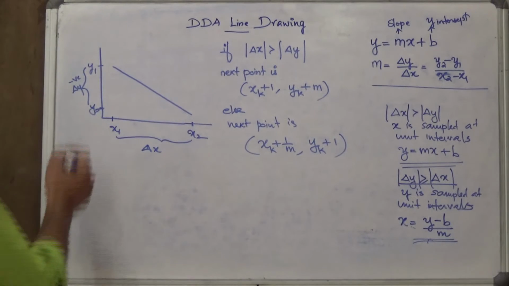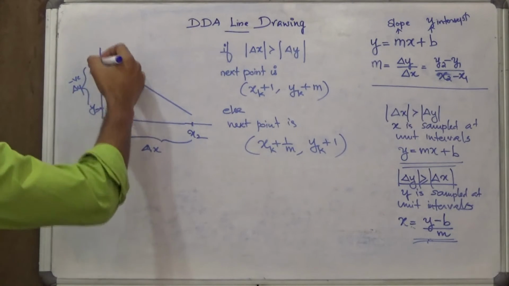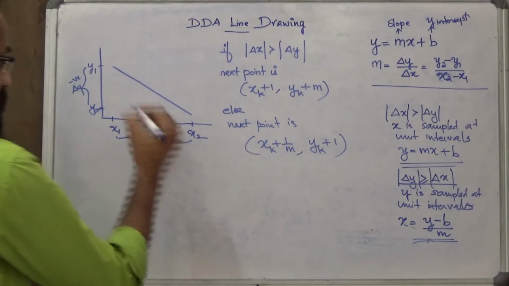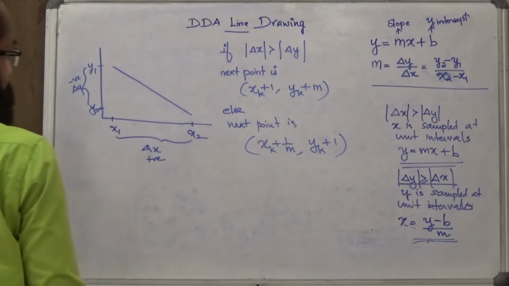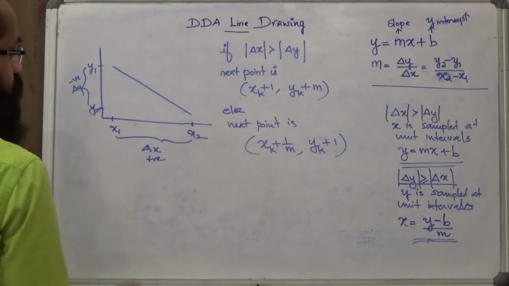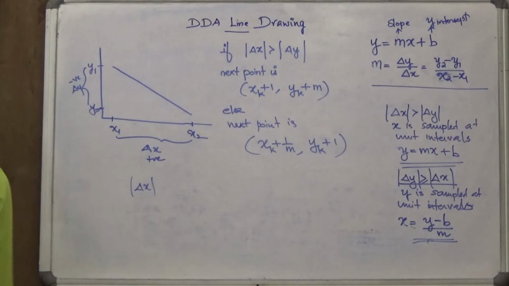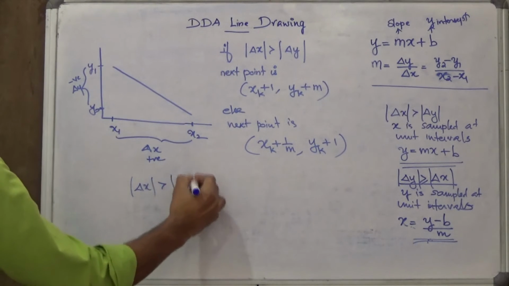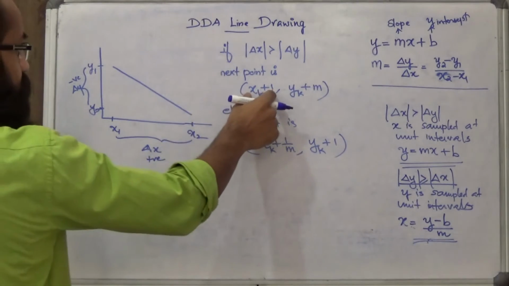Delta y is negative, that is y2 minus y1 is negative, and delta x is positive, right? So in this case, consider modulus of delta x is greater than modulus of delta y. So you are sampling x at unit intervals.